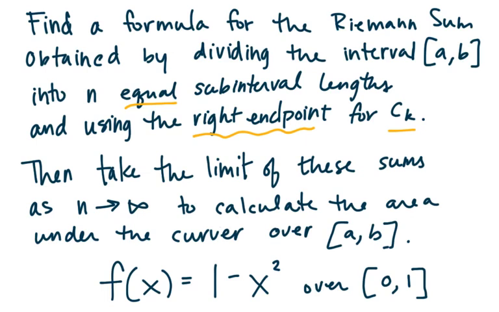I'm going to determine my height off of that point on the right side of each subinterval of my partition. Then we're going to take the limit of these sums and look at what would happen as we had infinitely many sums. And we're going to calculate the area under the curve on that closed interval. So we're going to use the function f of x equals 1 minus x squared on the interval from 0 to 1.